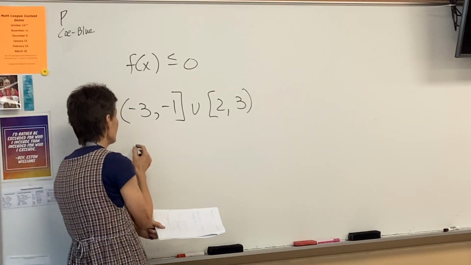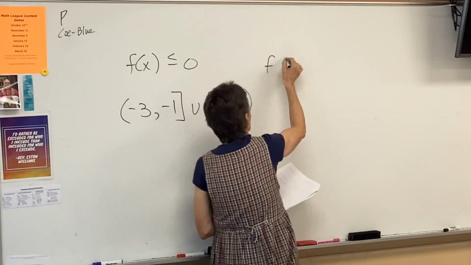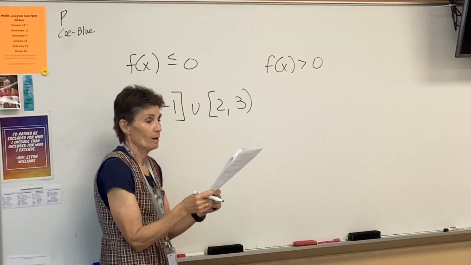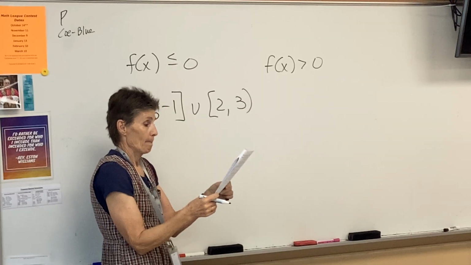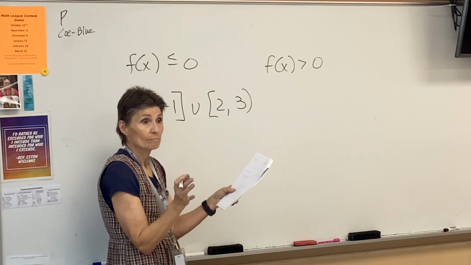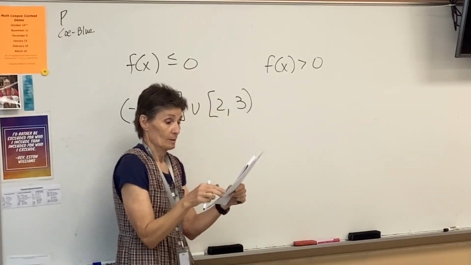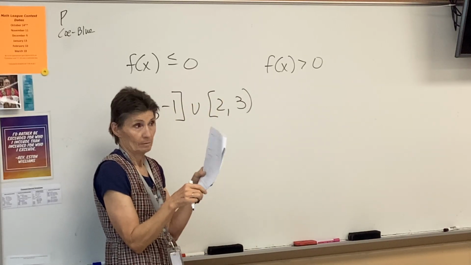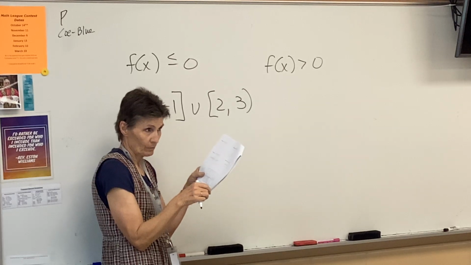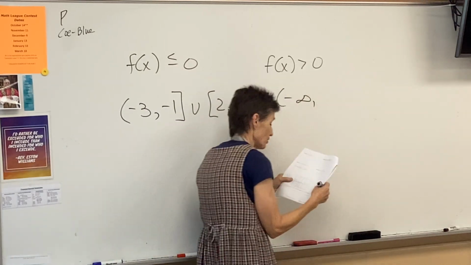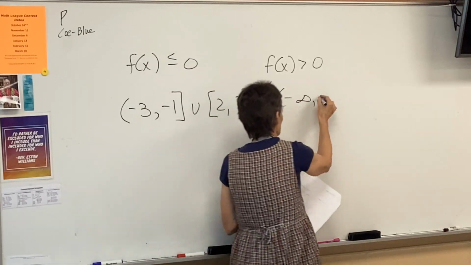How about bigger than 0? Where is it bigger than 0? That would be above the x-axis. Where does it start? -infinity. Very good, William. It goes all the way to -3.